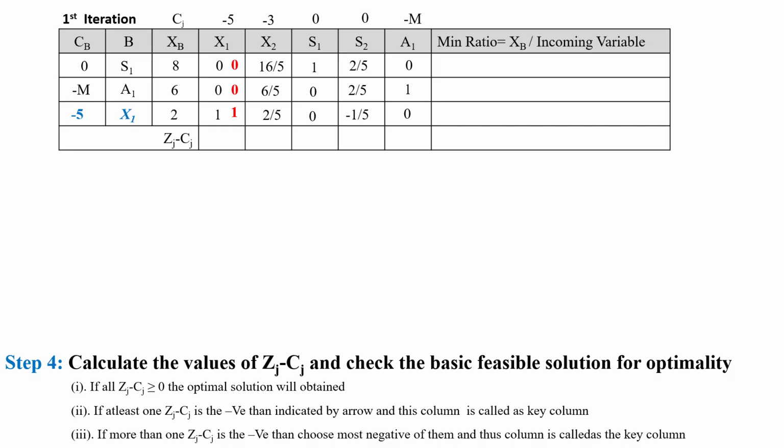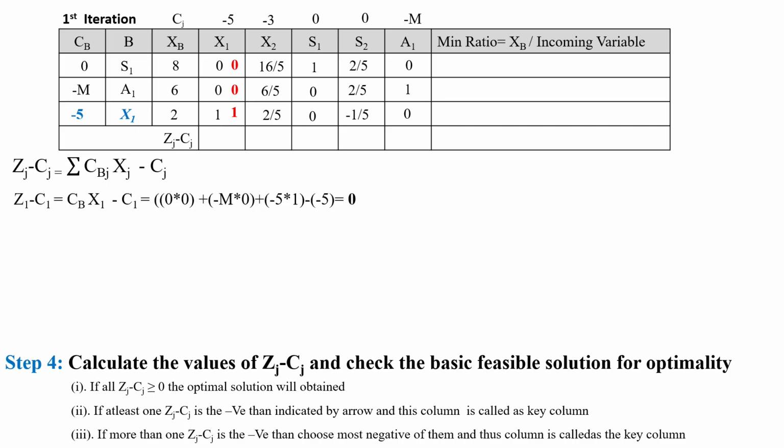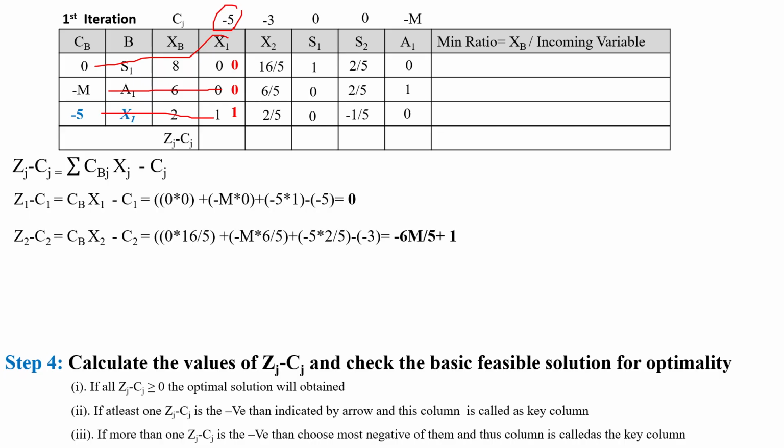So this is the new simplex table. Then once again you have to calculate the ZJ minus CJ values and check the basic feasible solution for the optimality. So Z1 minus C1 is equal to the 0 into 0 plus minus M into 0 plus minus 5 into 1 minus of minus 5, which is equal to the 0. Next Z2 minus C2. So 0 into 16 by 5 plus minus M into 6 by 5 plus minus 5 into 2 by 5 minus of minus 3 which is equal to the minus 6M by 5 plus 1.